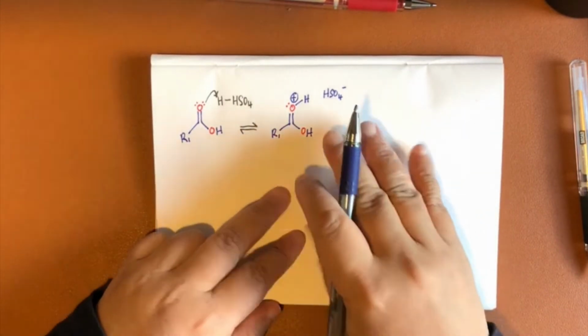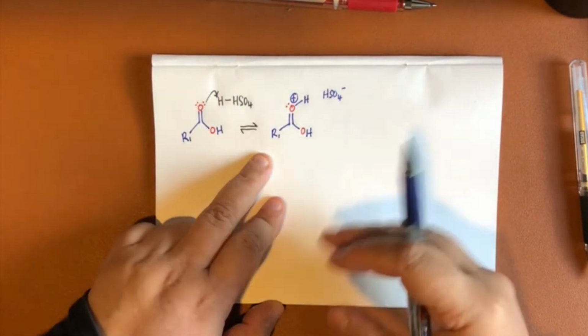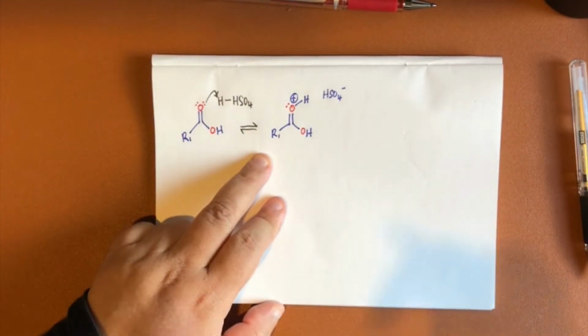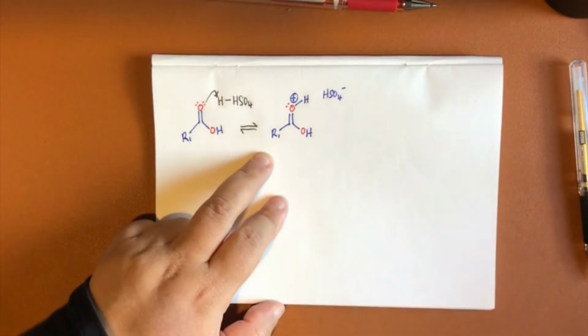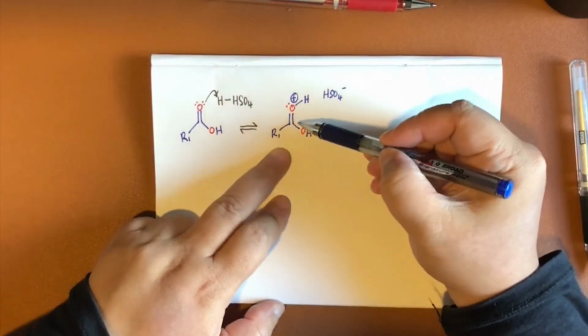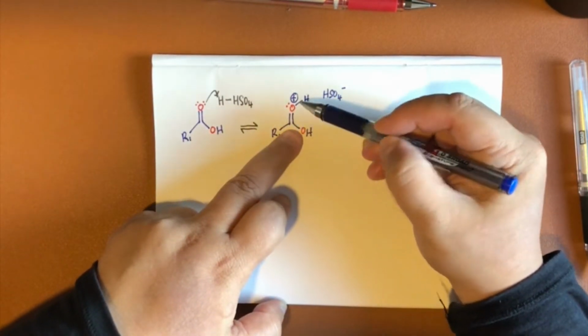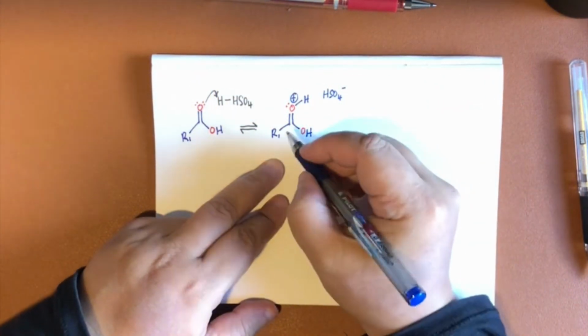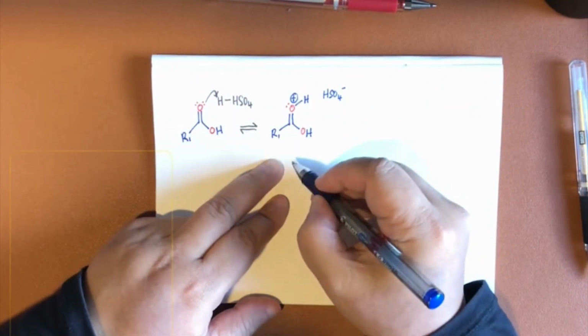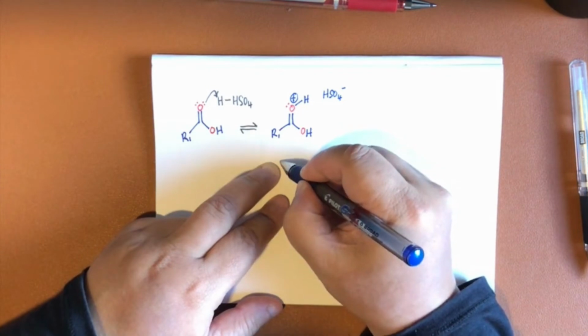Okay, so now it is ready to be attacked by the alcohol, because at this point this carbon becomes more electrophilic. All right, and now it is easily attacked by an alcohol.